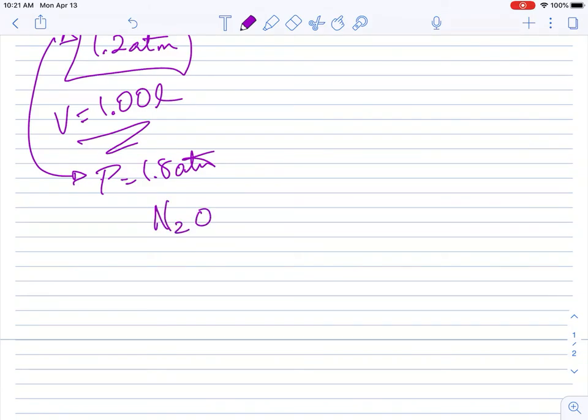We start with N2O4, which can reach equilibrium where you have NO and NO3. This isn't a nitrate ion, this is nitrogen trioxide. Initially N2O4 was 1.2 atmospheres, and we assume there was no NO and no NO3.